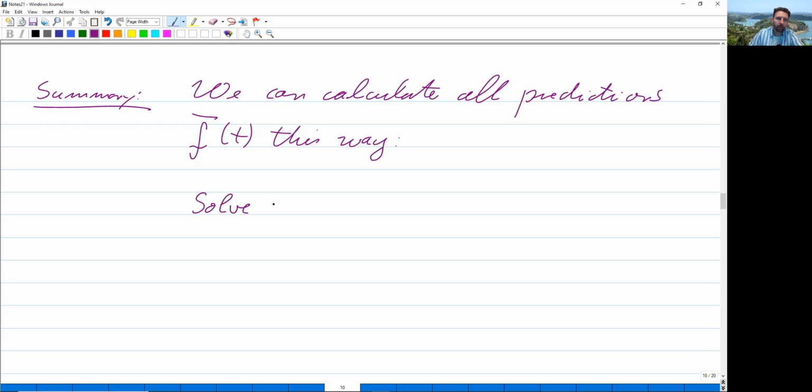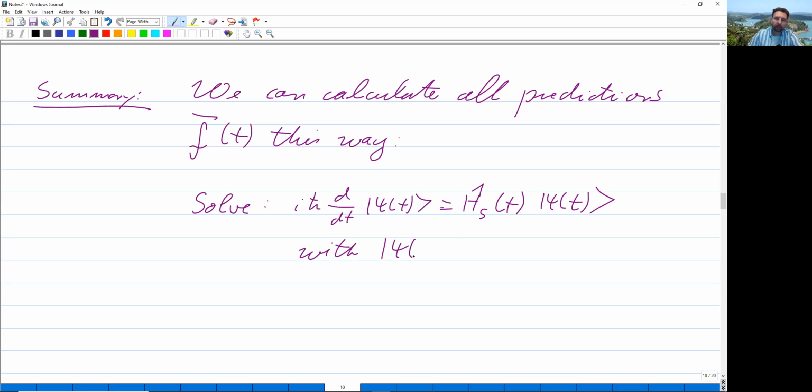Solve the Schrödinger equation, i h bar d by dt psi of t equal to Schrödinger Hamiltonian of t, psi of t, with initial condition that psi of t naught has to be the initial state vector, obviously, and with the Schrödinger Hamiltonian being equal to h hat of x hat of t naught, p hat of t naught and t.